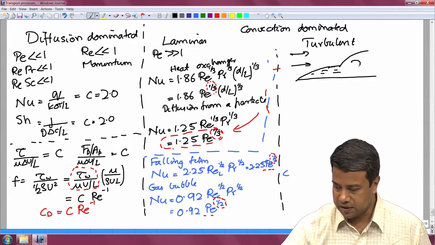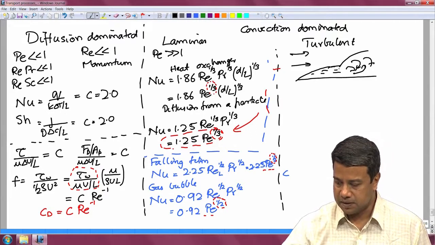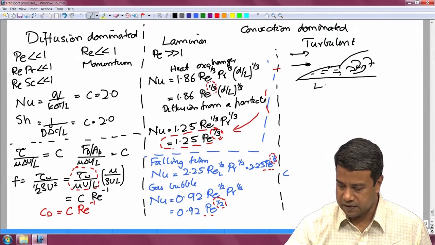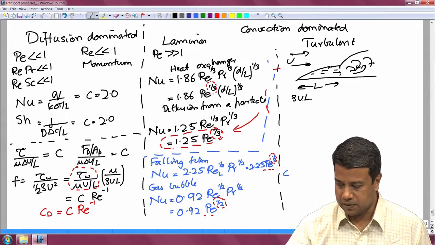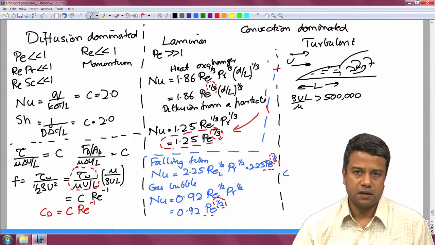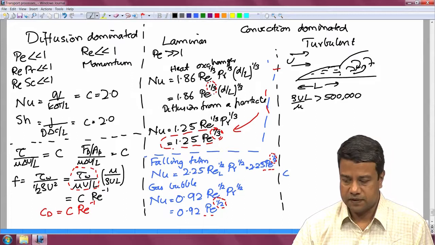At some point you will get transition to turbulence. This happens at the point where, if this is the length along the plate and this is a free stream velocity, the Reynolds number rho u L by mu becomes greater than 500,000.